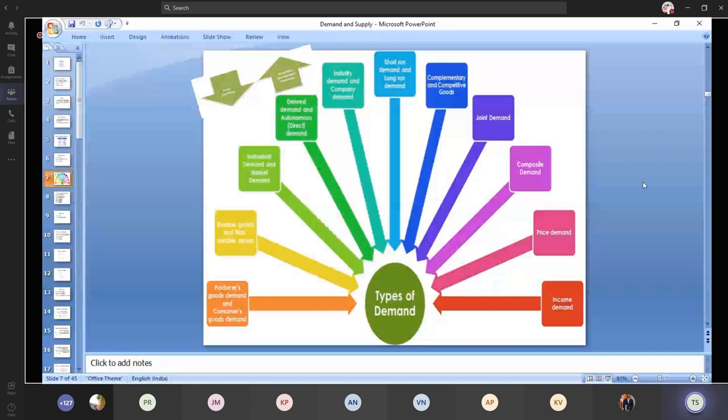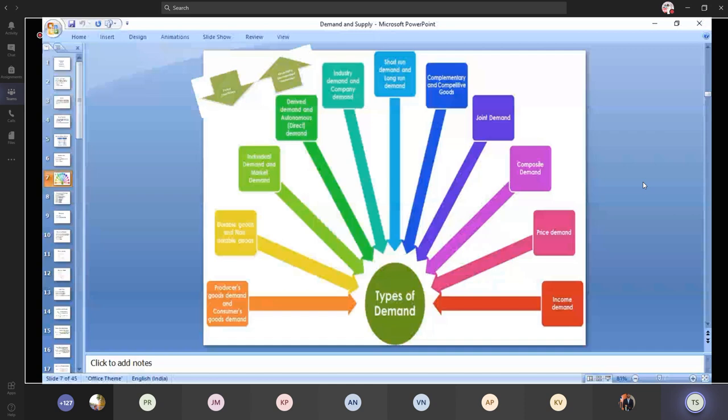Any example? Composite demand: a single product satisfies more than one purpose. Any example? Okay, wheat flour can be taken as an example, and always milk can be taken as an example.